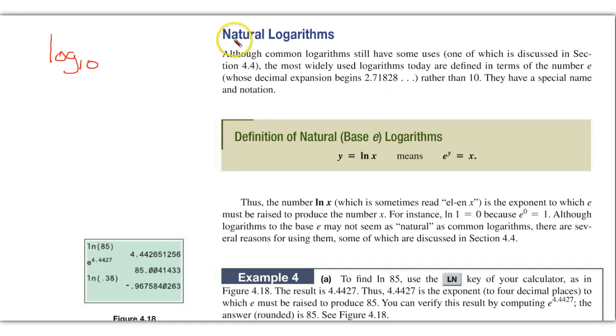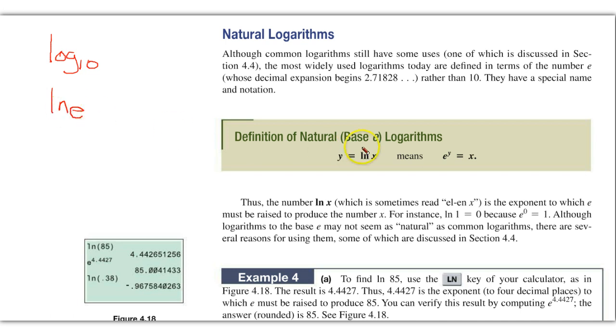Now for natural logarithms, since this was originally defined in Latin, logarithmus naturalis, they use the letters LN. For natural log, they just write it in reverse. And keep in mind that would be base e.